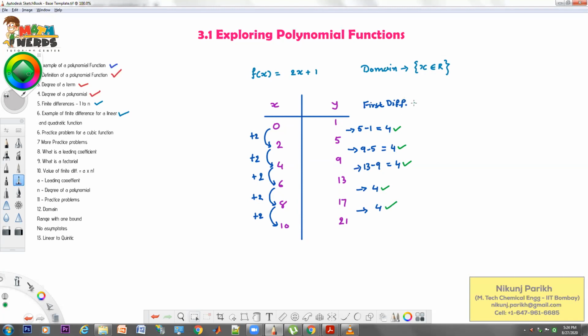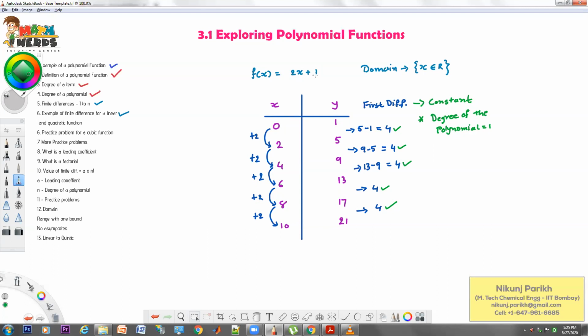When your first difference is constant, the degree of the polynomial equals 1. So I can verify this here.